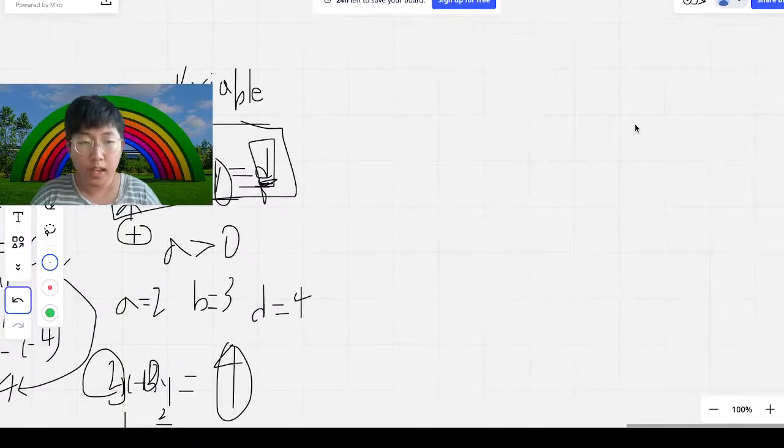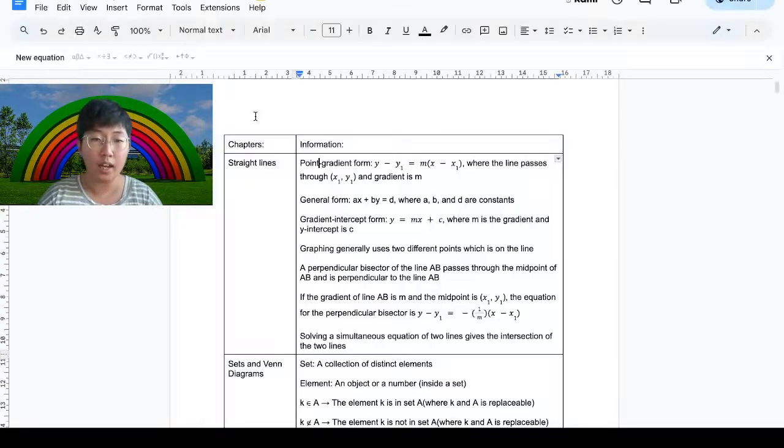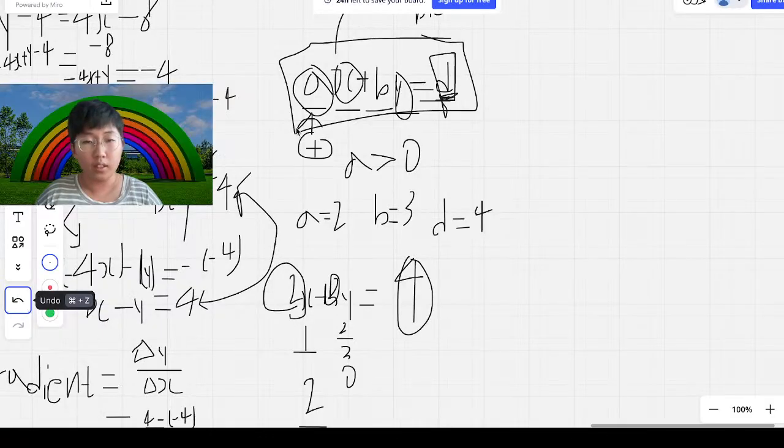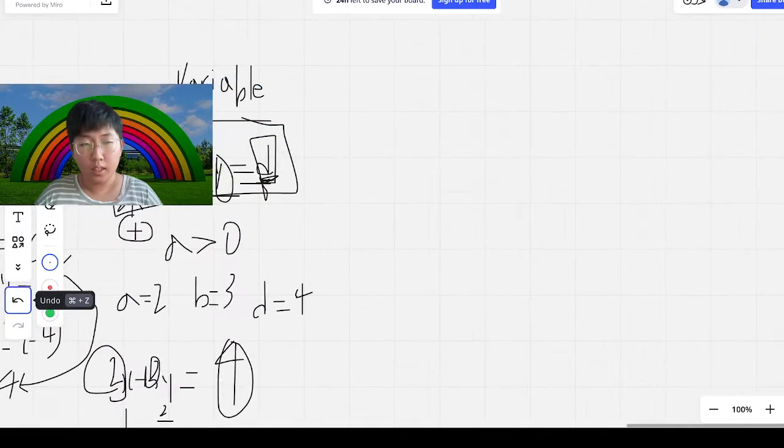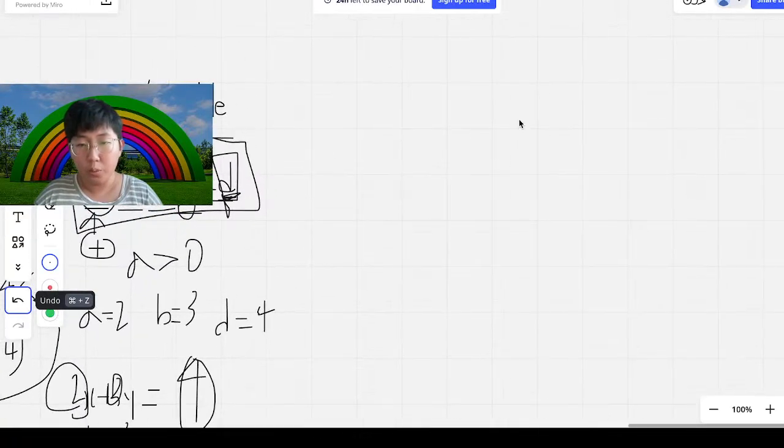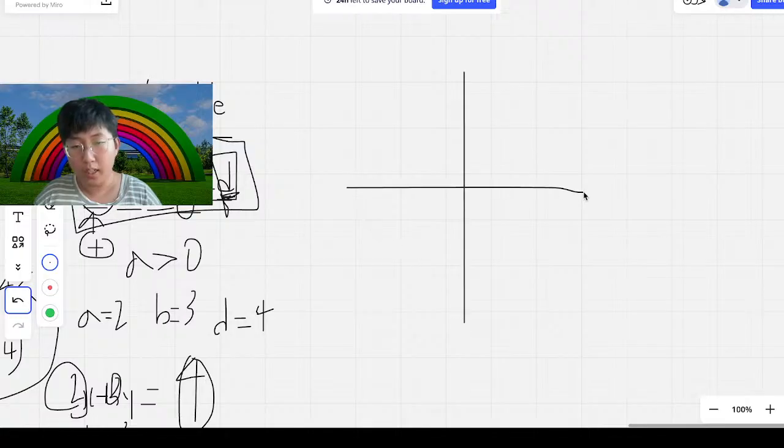So we have the general form and we have the point gradient form. But what if you're not given a point specifically, but you are given the value? The easier way is that you have an xy coordinate.